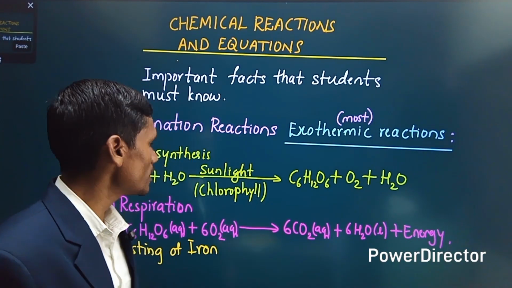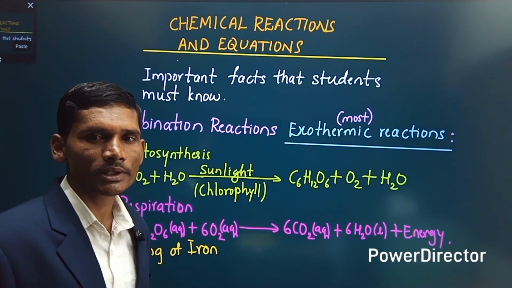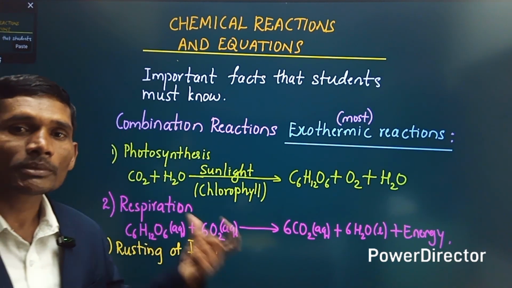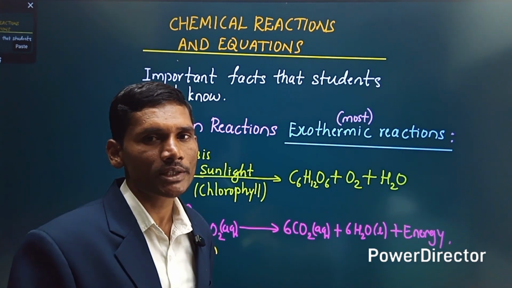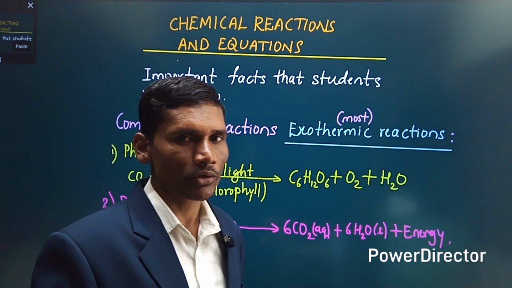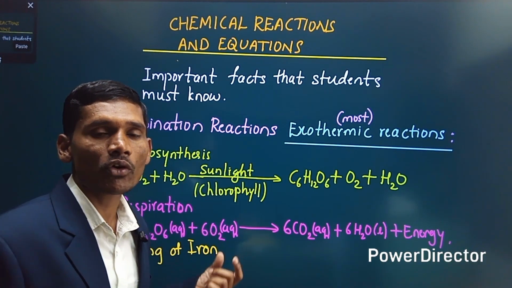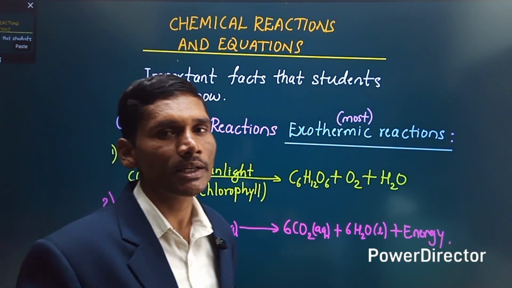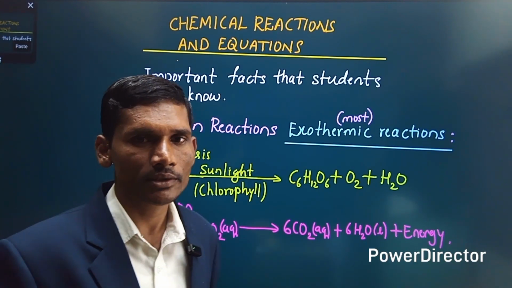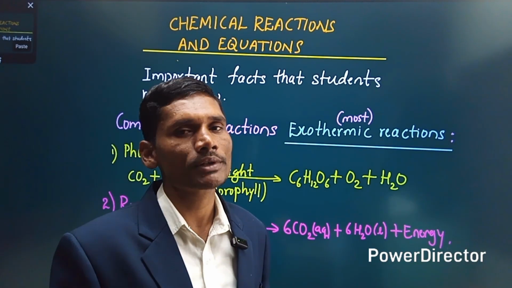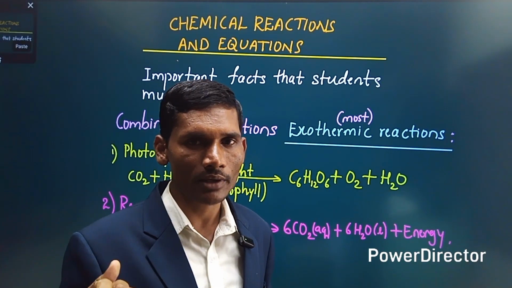Okay, coming to here, for example, photosynthesis. What is happening in photosynthesis? Usually carbon dioxide is combining with water molecule to produce starch, oxygen and water molecule, right? So during this process, it is absorbing energy in the form of solar energy, that is sunlight. You have learned in life processes of class 10th, the steps of photosynthesis. First step, chlorophyll absorbs sunlight, right?